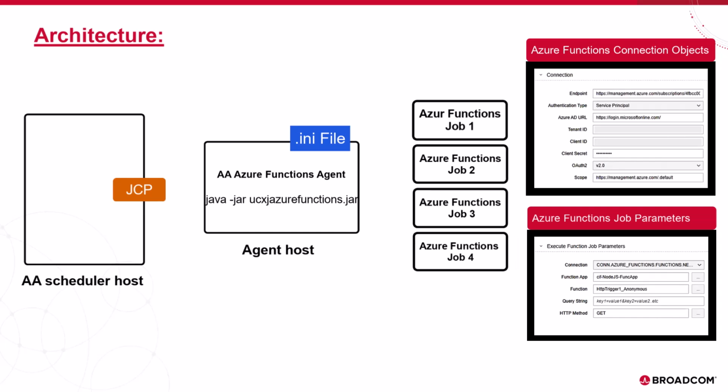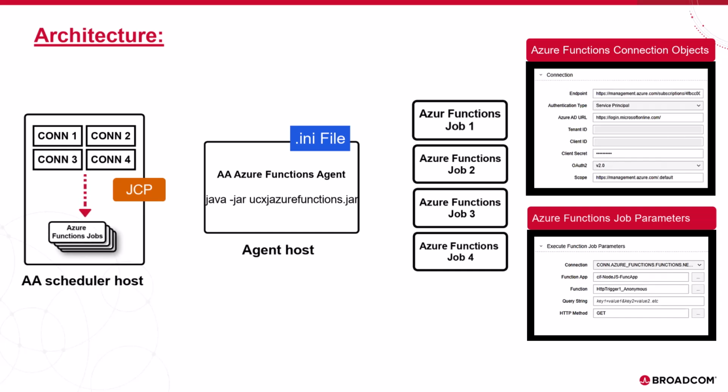We create a connection object in Automic Automation for each instance by duplicating the con template for each of these instances. Lastly, we create the Azure Functions jobs in Automic Automation for each corresponding process in Azure Functions. The Automic Automation jobs include the connection object based on the target system.